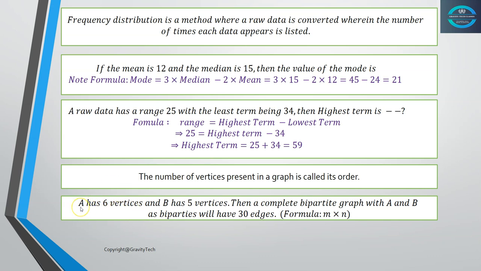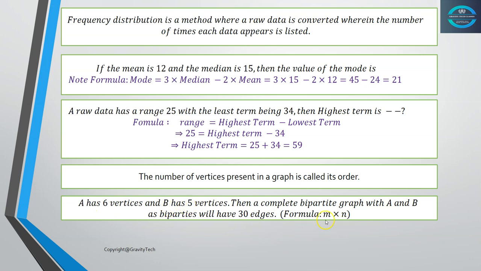In graph A, 6 vertices are there, and in graph B there are 5 vertices. Then a complete bipartite graph with A and B as bipartites will have 30 edges. Why? Because bipartite means there are two separate parts, and each vertex of one part connects to every vertex of the other part. So it is going to have 5 into 6.